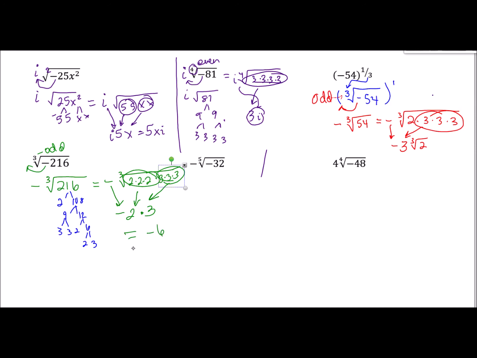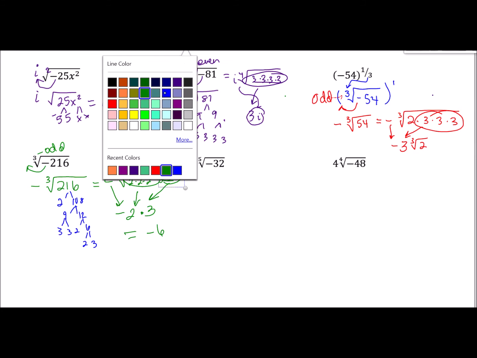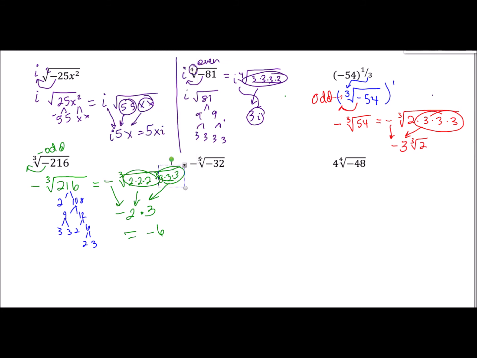Okay, next one. Fifth root of negative 32. Again, it is an odd root. So this negative bumps outside. So it becomes negative fifth root of 32, which is negative fifth root of 2, 2, 2, 2, 2.